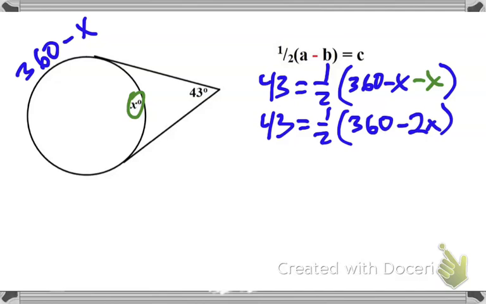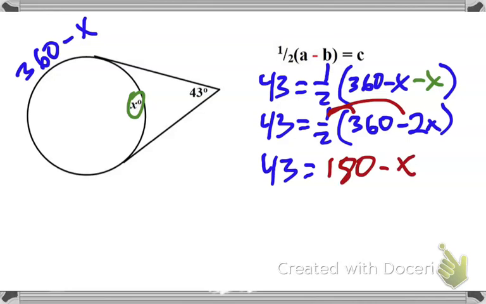Well, 360 and 2x are both divisible by 2, so I'm going to go ahead and distribute the 1/2 in. If I distribute that in, that will give me 43 is equal to half of 360, that's 180, and half of 2x will just be x.